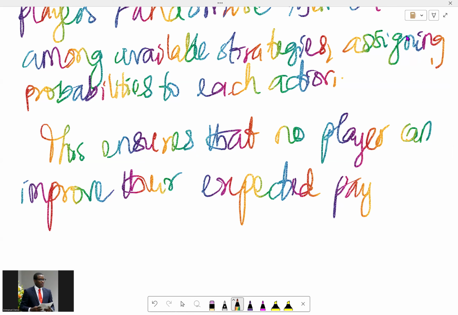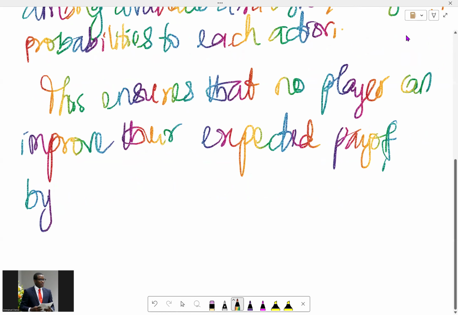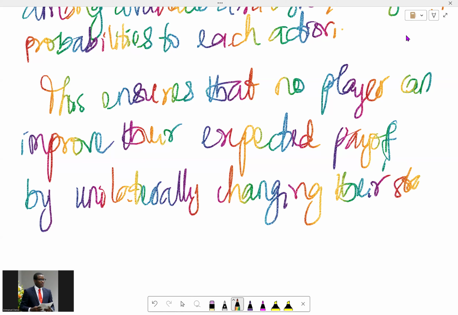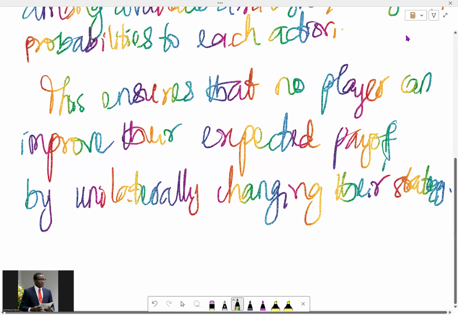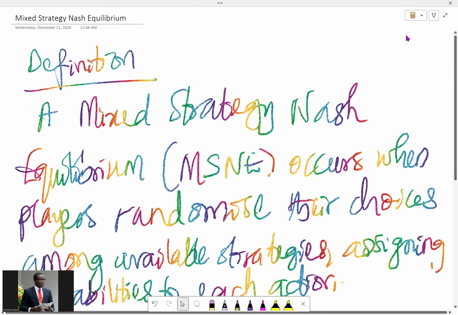So this ensures that no player can improve their expected payoff by unilaterally changing their strategy, simply because the payoff at this point is optimal. Nothing else can be done to make it better.